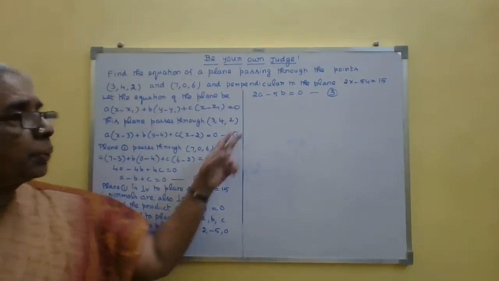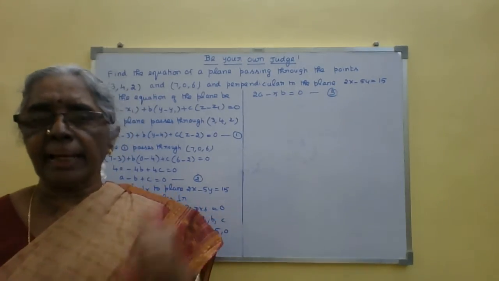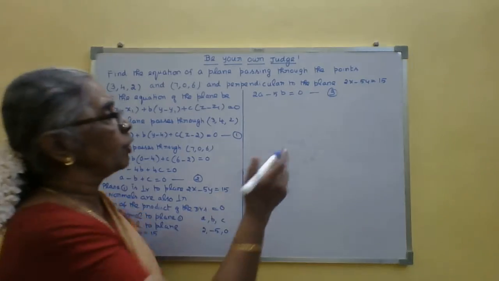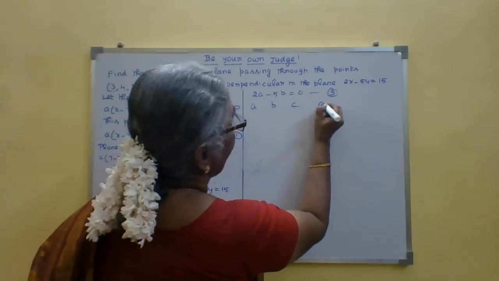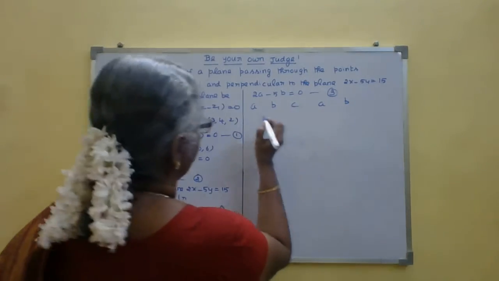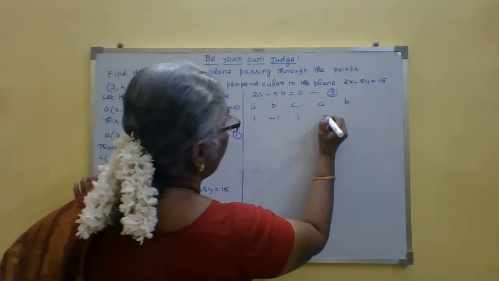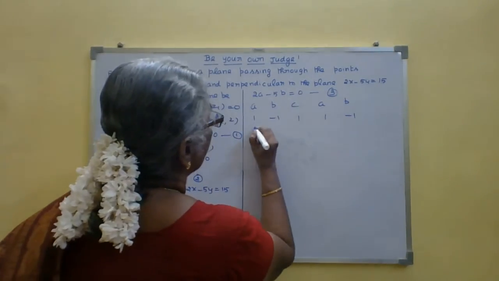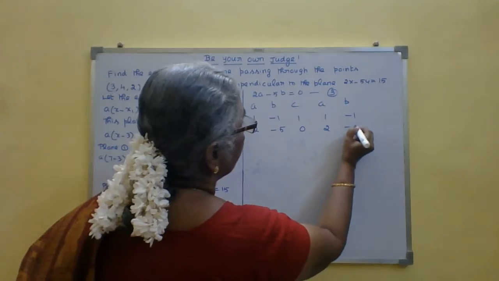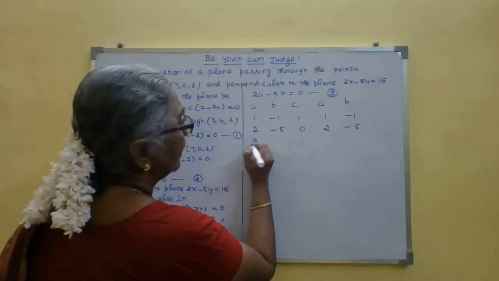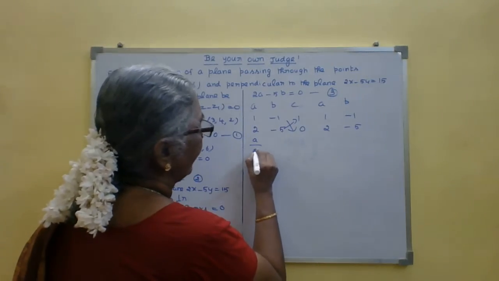So the equation 2 and equation 3 are containing a, b, c, that is 3 unknowns. We have to use the rule of cross multiplication now. So a, b, c, again a, b. Hope you remember this. So first take this equation 2: 1, minus 1, 1, 1, minus 1. Now 2, minus 5, 0, 2, minus 5. So now you will get a by, take these 2, you will get 0 minus of minus 5.